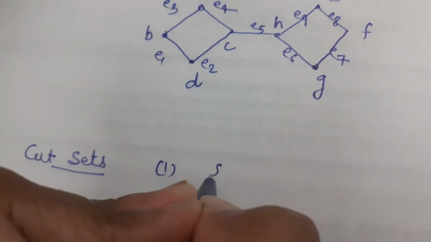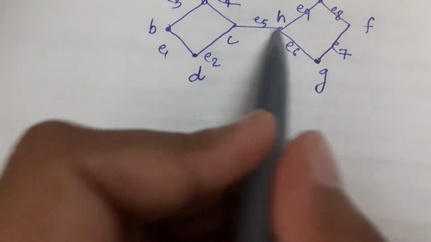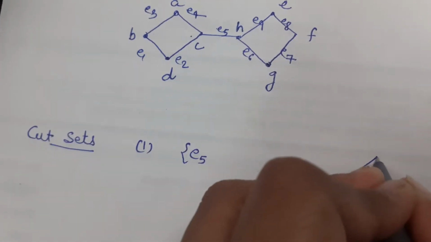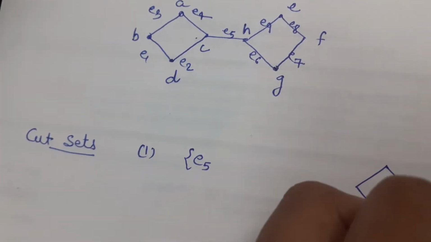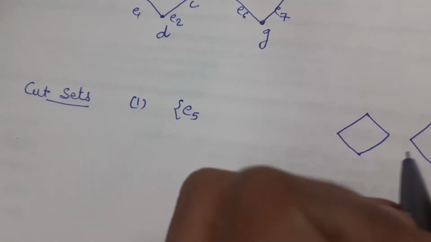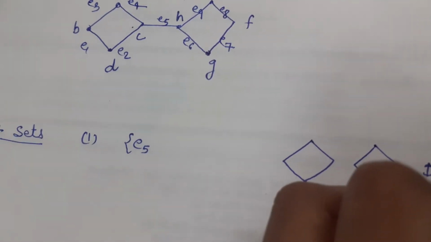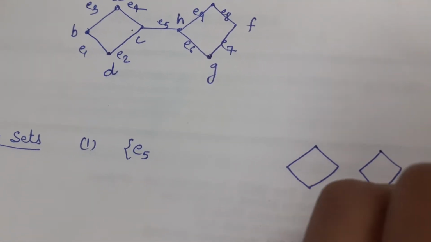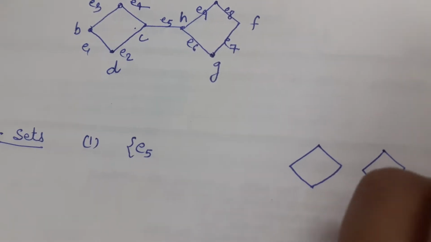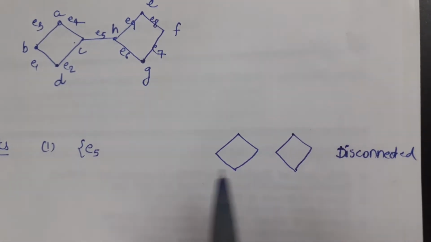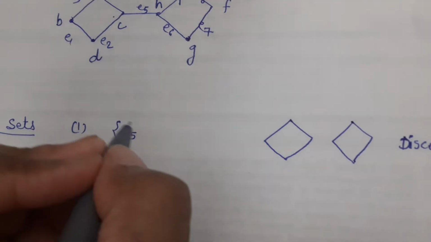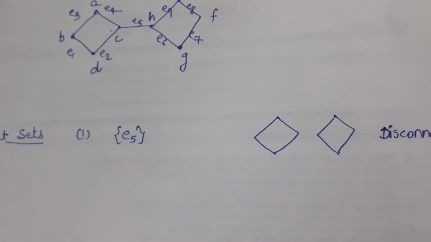So first, if I remove E5, the graph I received will be this one. Now since this graph is disconnected, hence E5 becomes a cut set.